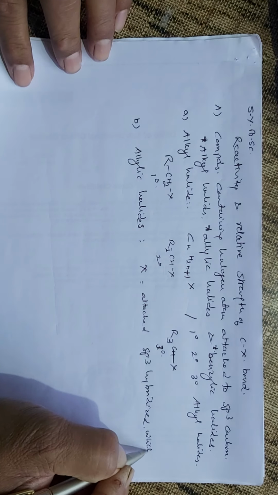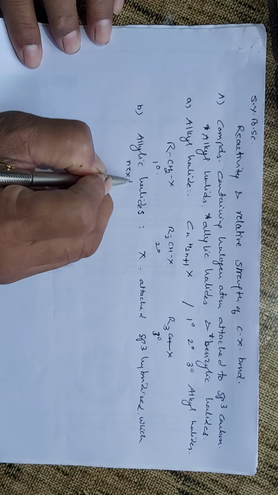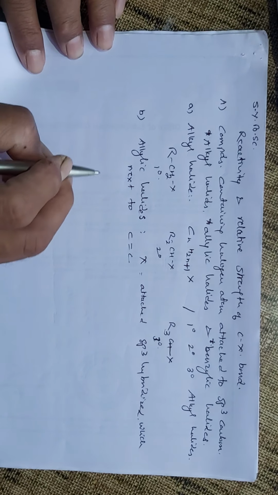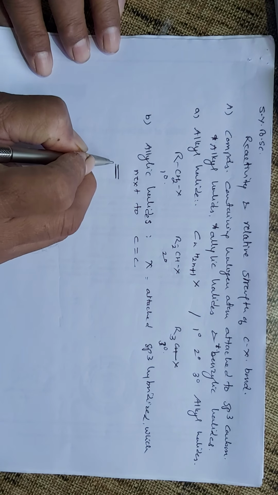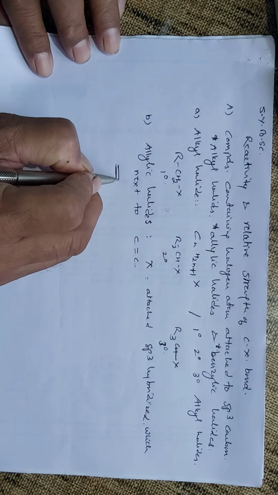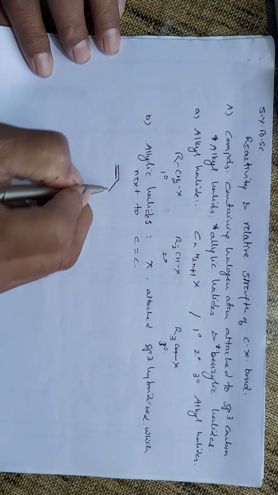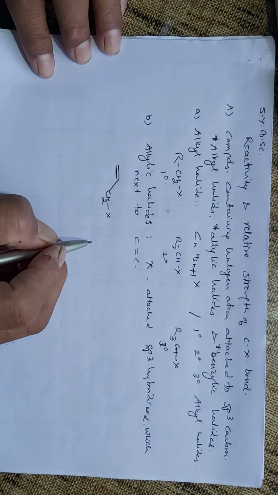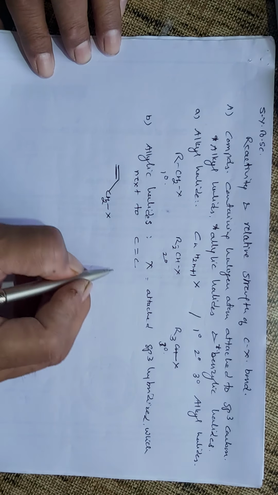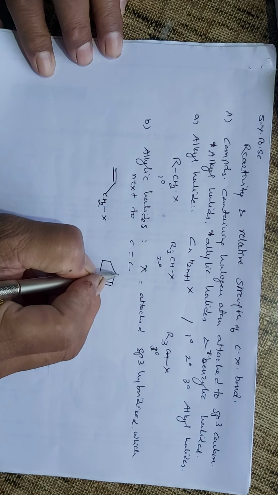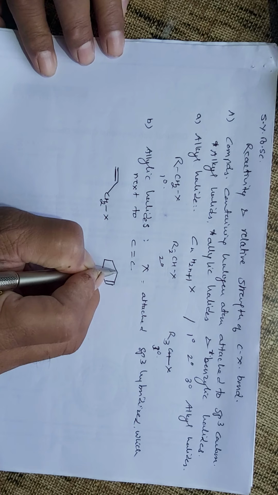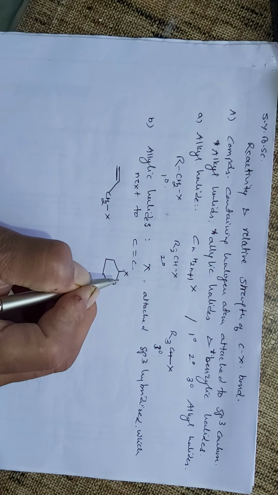Here the simple example: there is a presence of a carbon-carbon double bond, CH, and this is attached to an sp3 hybridized carbon atom, CH2X. Or in the aromatic compound, there is a presence of a carbon-carbon double bond, CH2, and this is X.